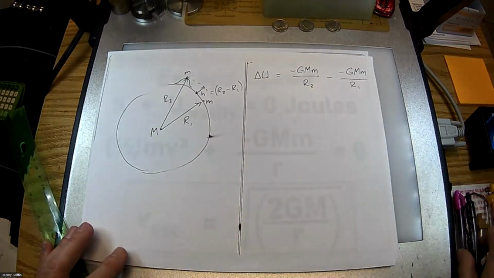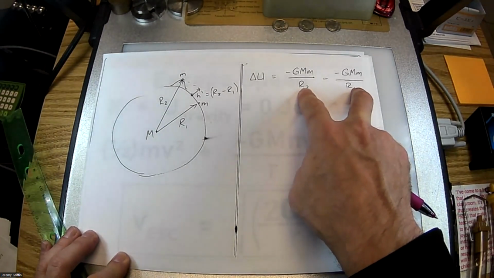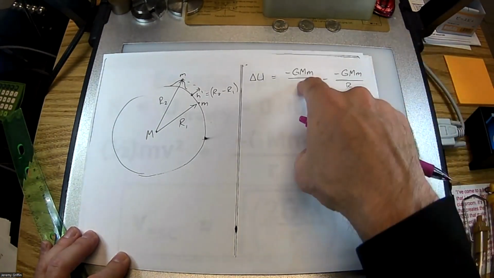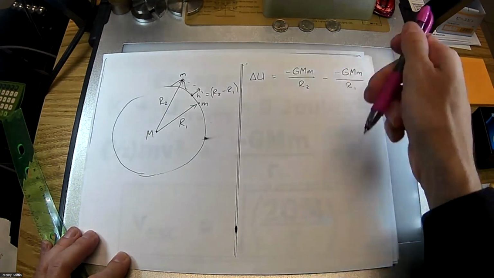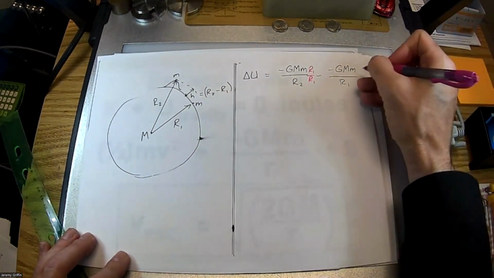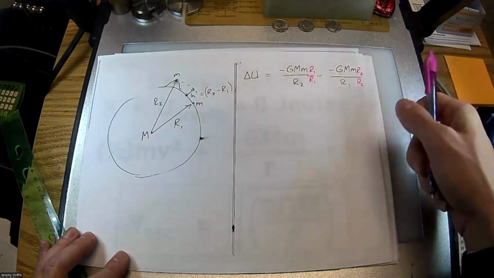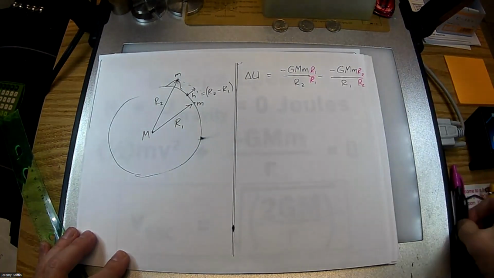Okay. Now, maybe I want to get a common denominator. Could I get a common denominator? What do I have to multiply the first fraction by to get a common denominator? R1 over R1. And the second one I have to multiply by R2 over R2, right? Fractions, so let's do that.